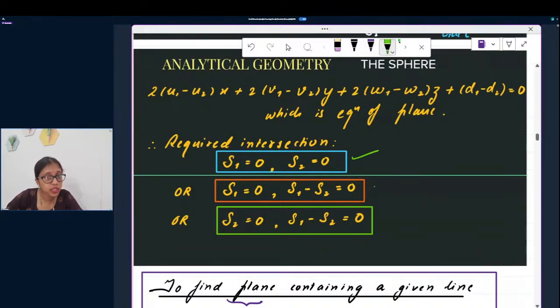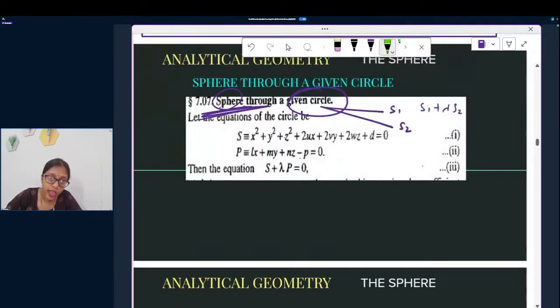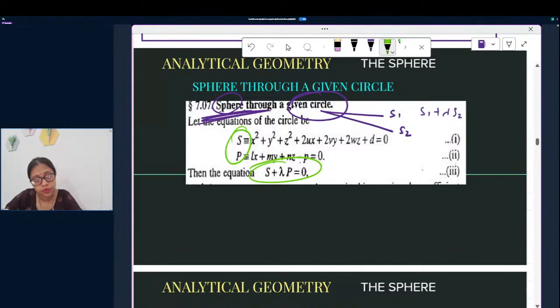What if that given circle is the intersection of a sphere and a plane? Then I can write it as S plus lambda P. These are the two conditions that we have done. We have done an example for the cylinder also, but over there you can see that if the given circle is given as the intersection of a cylinder and a plane, then I cannot get a sphere. So only these two cases.